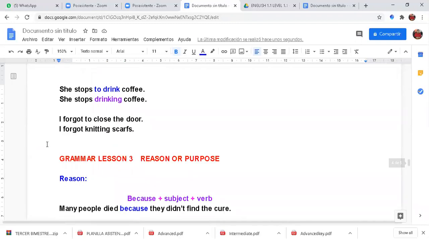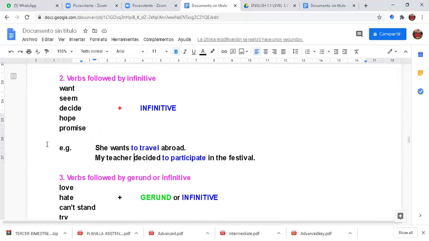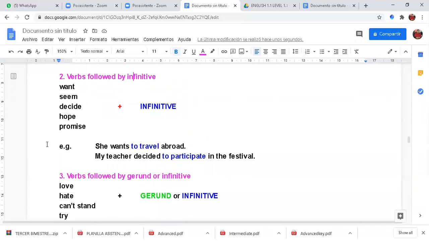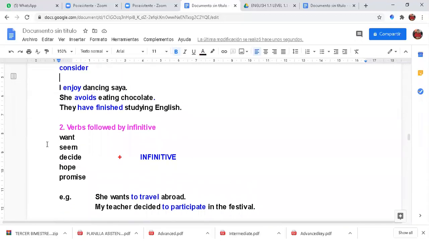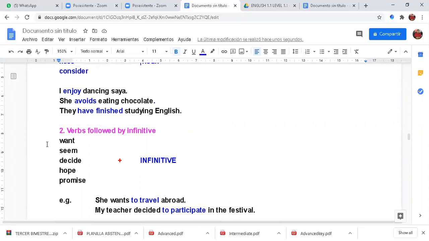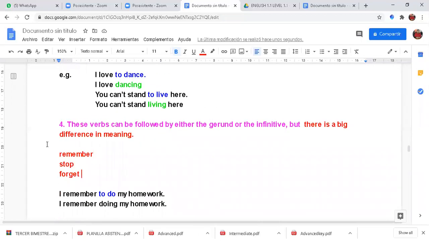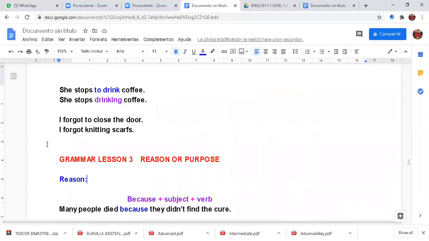This is kind of an extra part that I am explaining, but the important thing is that these two groups, the verbs followed by infinitive and verbs followed by gerund, you have to memorize. The only thing is practice and memorize in order to notice that it really needs gerund or infinitive. Okay, good. Now, what do we have? After this, we're gonna go back to our books.